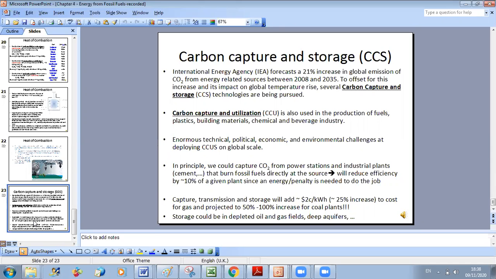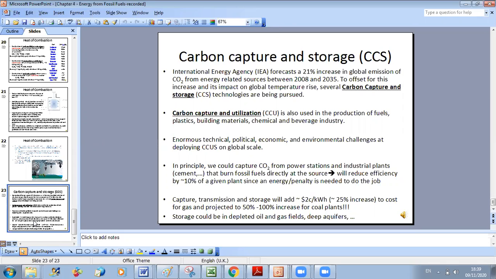Now, in principle, we could capture CO2 from power stations and industrial plants that burn fossil fuels directly at the source. This will reduce the efficiency of a given plant by 10%, since an energy penalty is needed to do the job. Capture, transmission, and storage will add a certain cost to the use of gas, and this is why we predict that this cost can increase with time, and this will cause an increase in the use of coal plants.